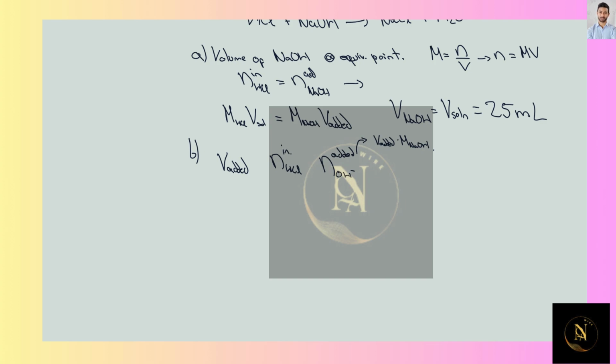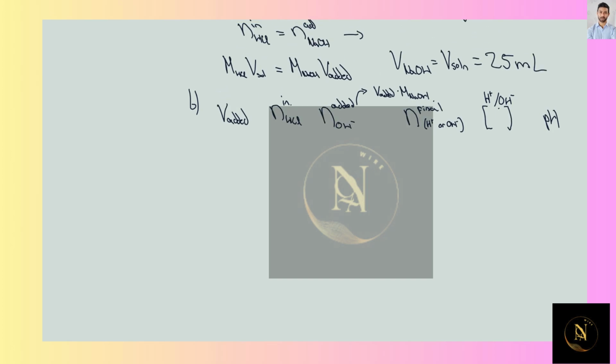Then we're going to write down the amount of mole that we have at the end, and that is going to be either of H plus or OH minus that we're going to get in solution. With this, we can calculate the concentration. Again, this can be concentration of H plus or concentration of OH minus. And with this, we are going to calculate the pH at each of the points.